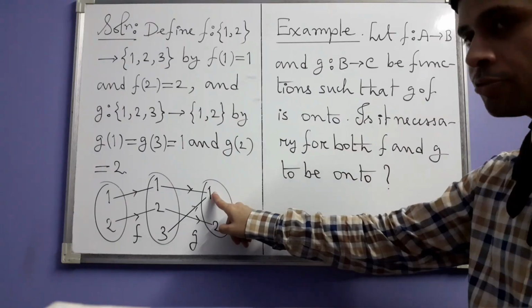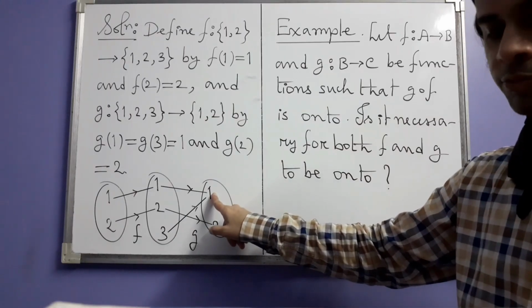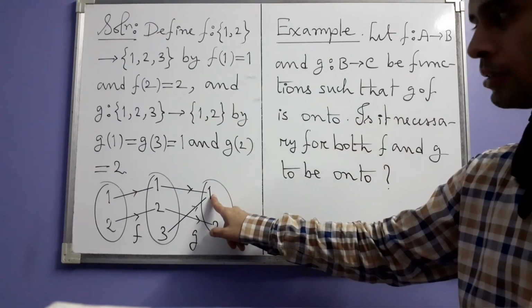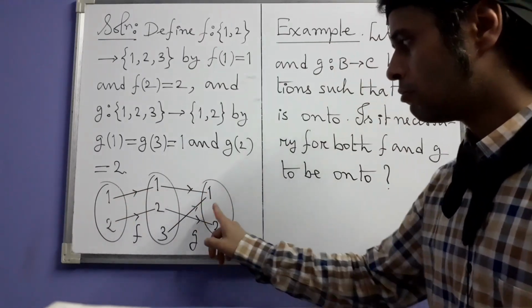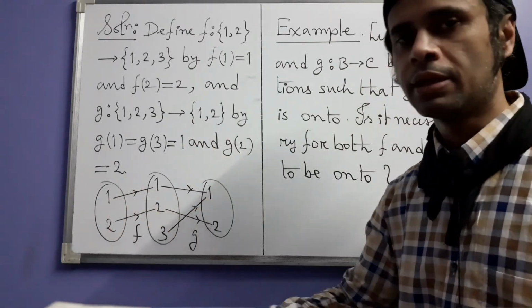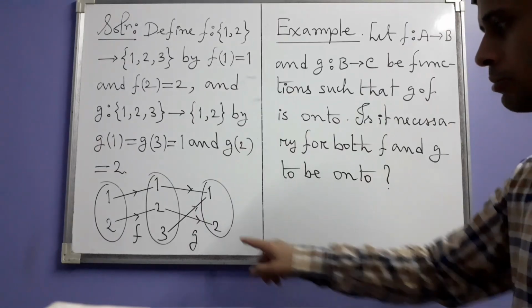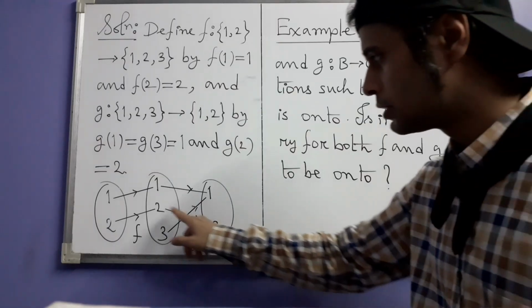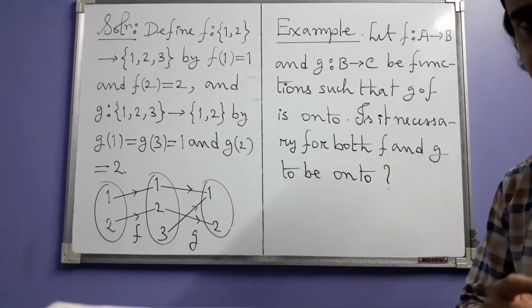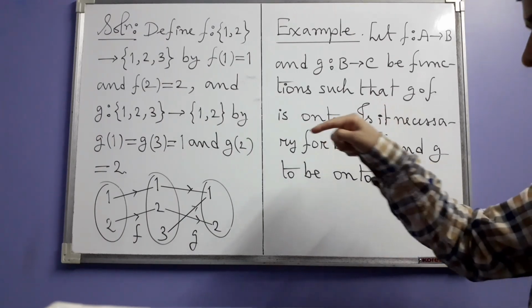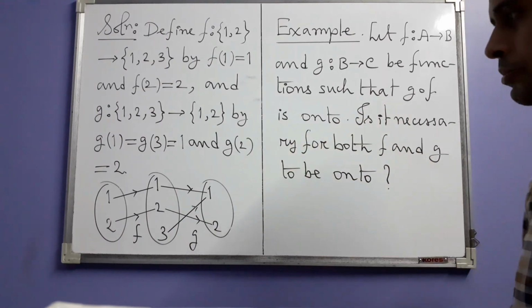Is 1 coming from somewhere via the function g composition f? Yes. And that somewhere is 1. 1 is the image of 1 under g composition f. What about 2? Yes. 2 is the image of 2 under g composition f. So by the definition of onto-ness, g composition f really here is onto.